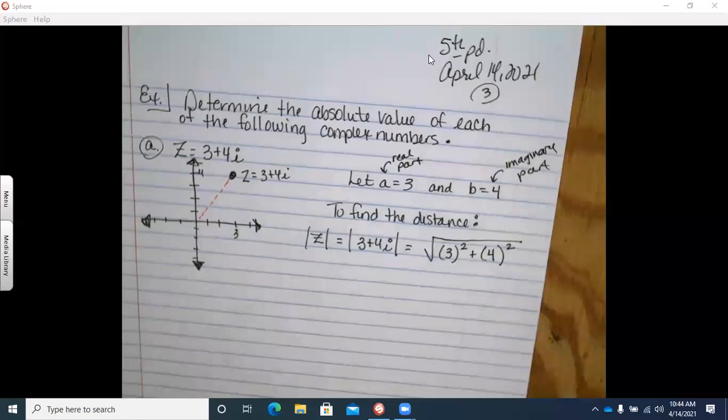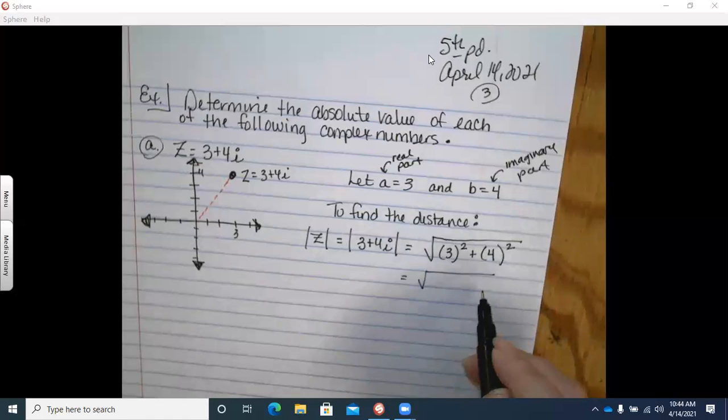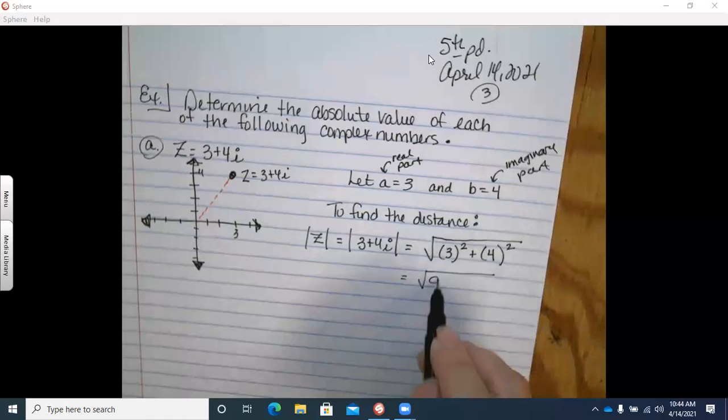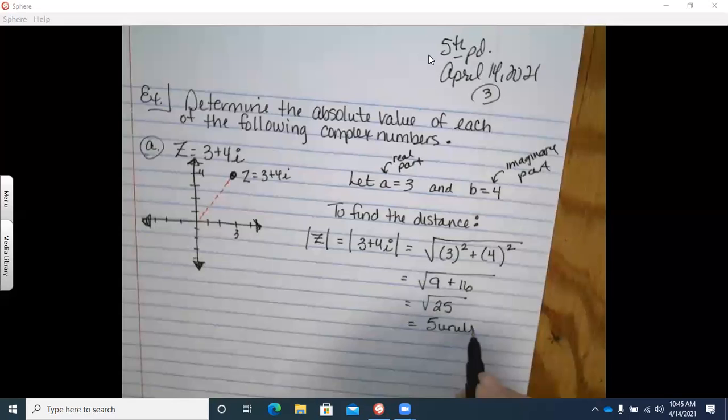If those were negatives, you're squaring them, so it's always going to turn positive. So the square root of 3 squared plus 4 squared, 9 plus 16, is the square root of 25, which is 5. 5 units, whatever that may be: inches, meters, yards, centimeters, whatever.